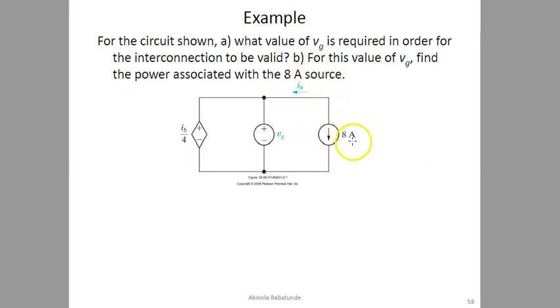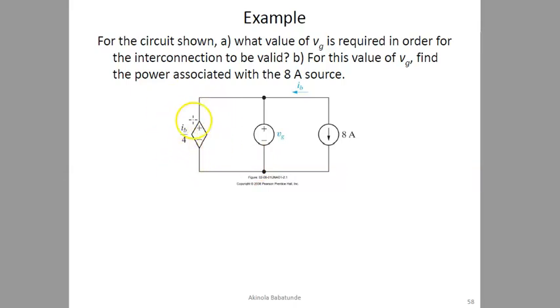If IB is -8 amps, it simply means if you put -8 amps here, because there is IB here, that would be -8 over 4. So you would have -2 volts on this dependent source. That means this voltage here is -2 volts.